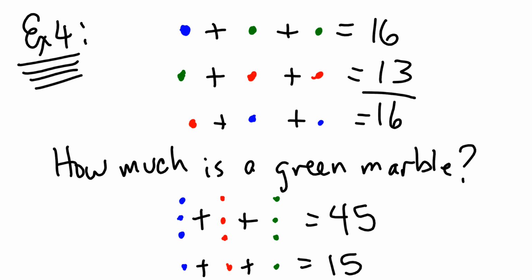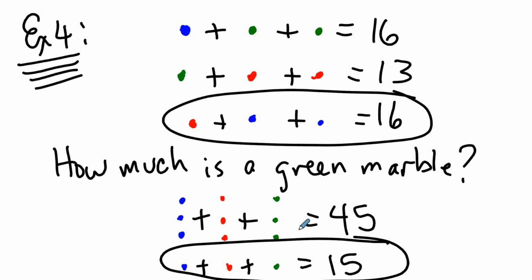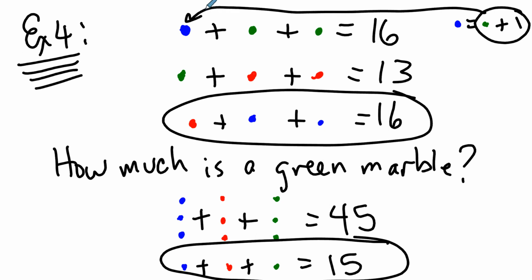So take a look at this and this. What does that mean? If we swap out a blue for a green, it drops by 1. So blue is equal to green plus 1, which means that green plus 1 can go right there.